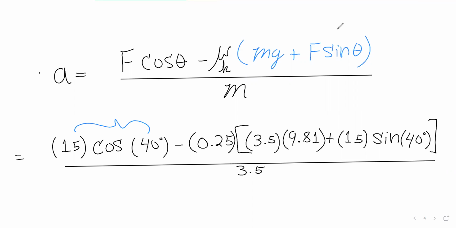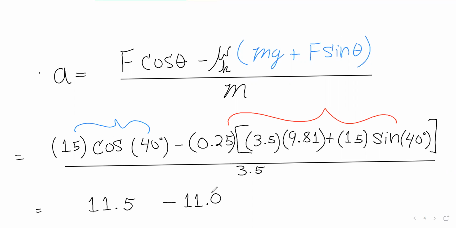My first term, once you type that into the calculator, gives about 11.5. I think it's like 11.49. And then once you find your second term, that's about 11.0. Again, that's 3.5 times 9.81. I add that to 15 times sine 40.